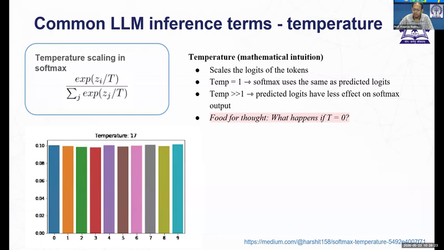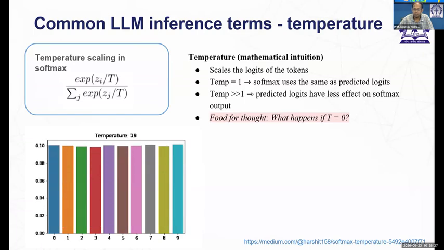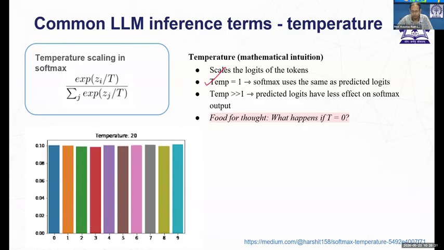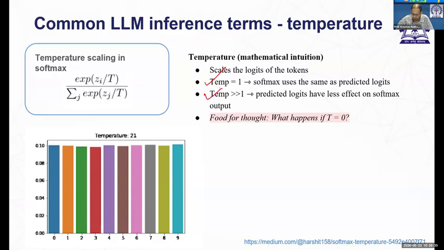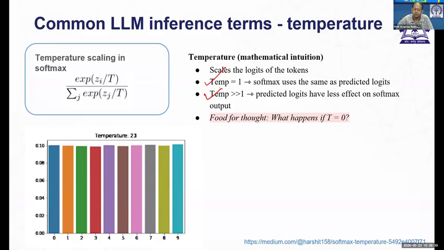Another problem is there. If I am reducing it, what will happen if T becomes 0? So temperature equal to 1 is the basic softmax operation. If you increase the temperature, your distribution becomes flattened and you are increasing the entropy. On the other hand, if I am reducing the temperature, how far can we go? Okay.